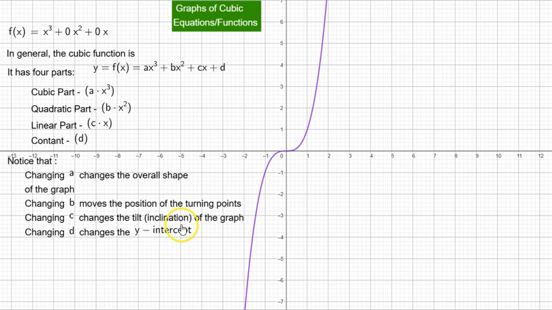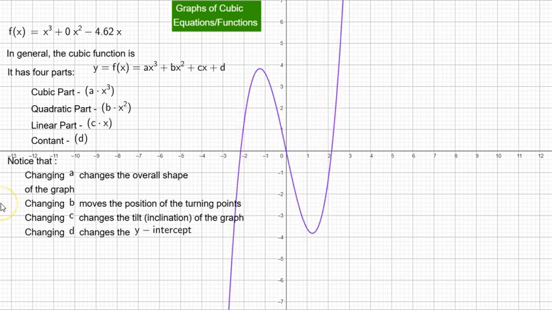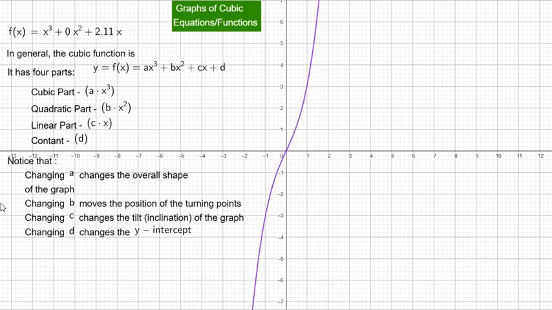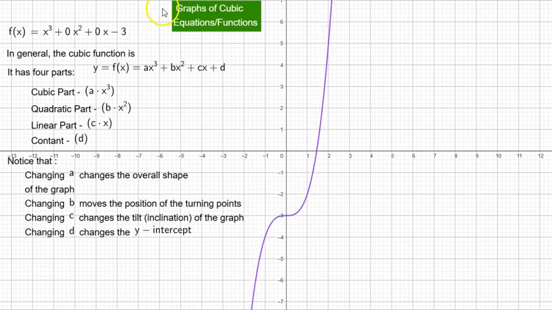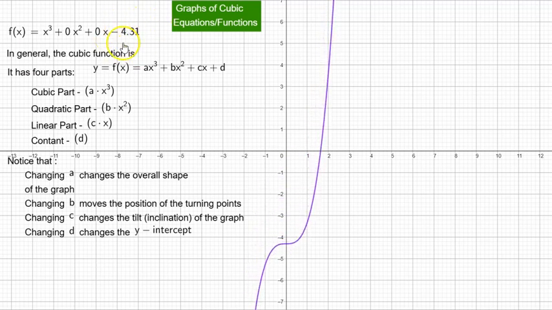And changing c changes the tilt or the inclination of the graph. So let's change c. Changing d changes the y-intercept. Changing the y-intercept means it will just go up or down. So let's change d. Look in the equation, it is changing continuously.